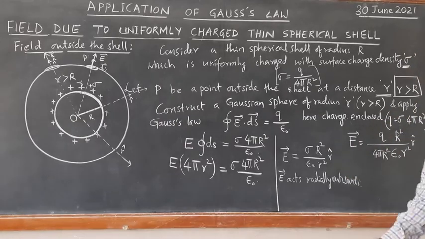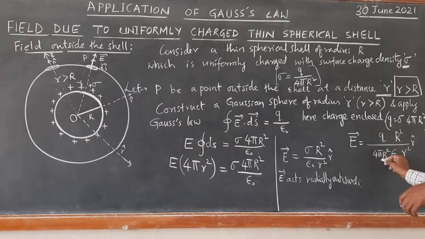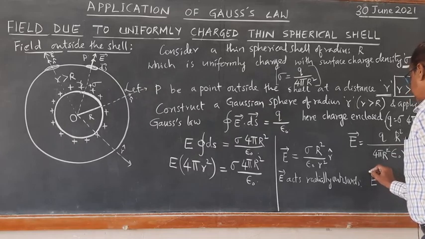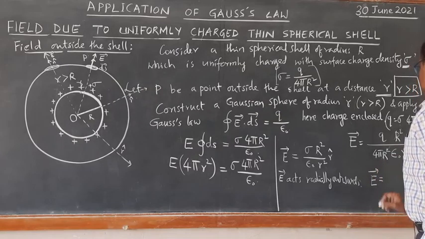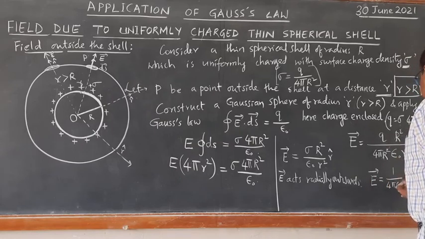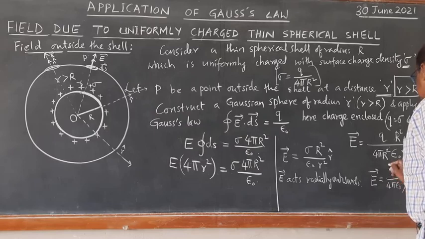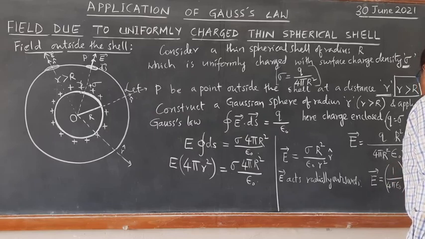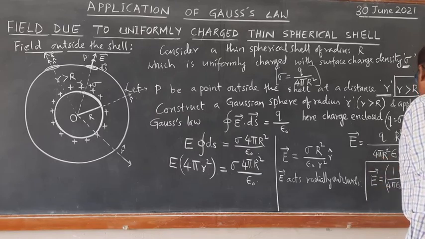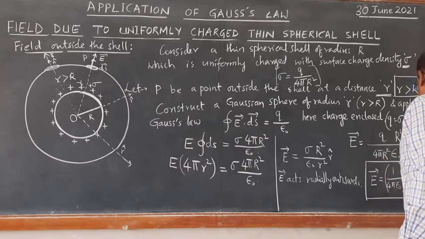Now the capital R square cancels, leaving behind a simple equation: E equals 1 by 4 pi epsilon naught into q by r square into r cap. This is a very interesting equation.